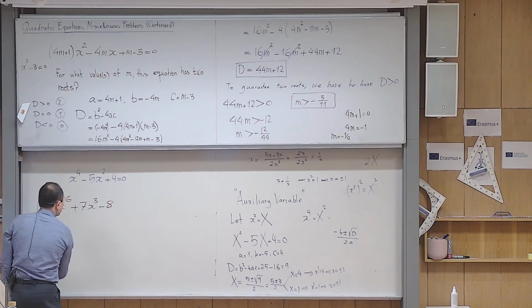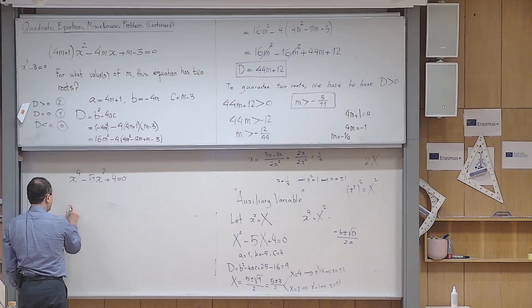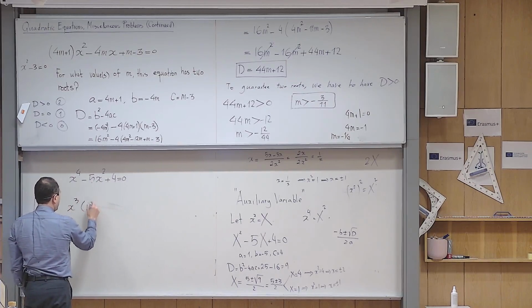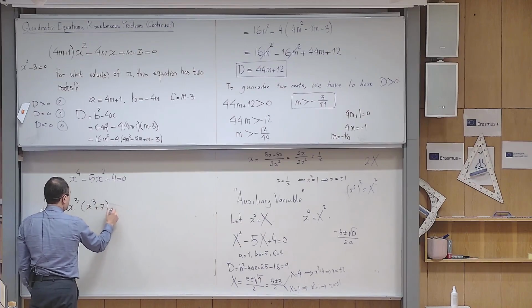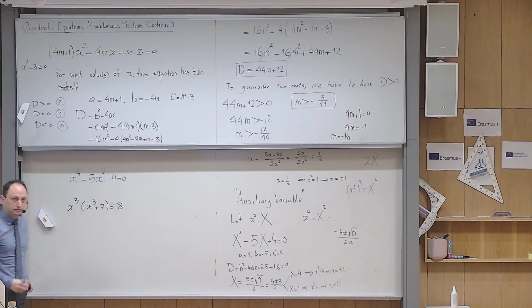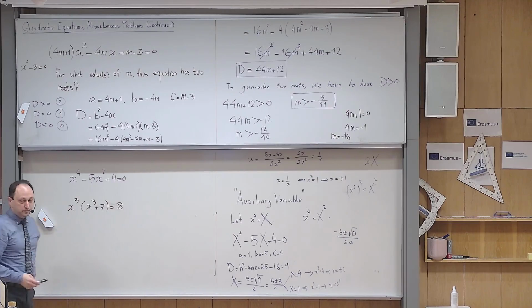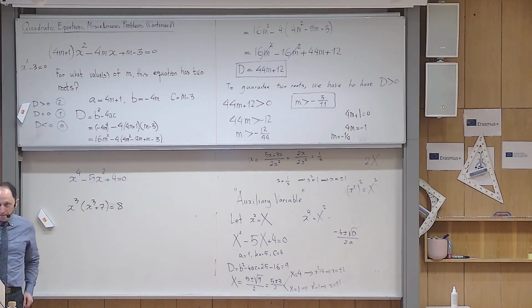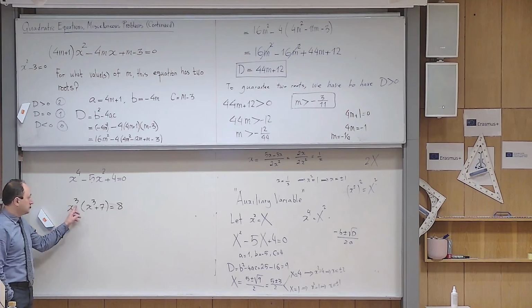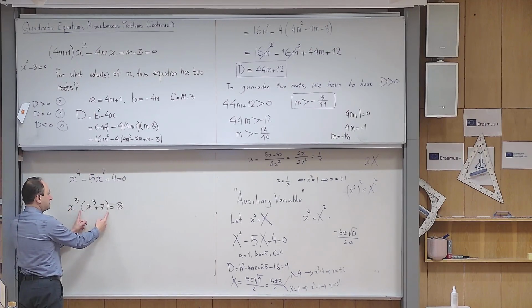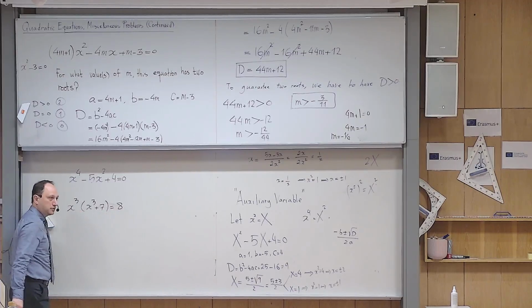And let me write it like this. Let me change it a little bit. So x to the power of 3 times x to the power of 3 plus 7 is equal to 8. I want you to solve this. X to the third multiplied by x to the third plus 7 is equal to 8.